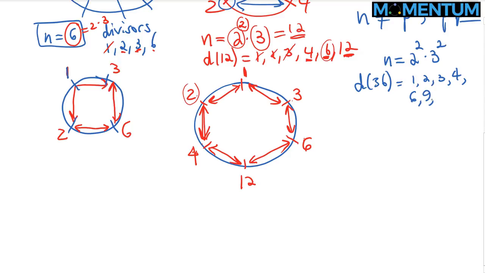Wait a second, how many divisors does this guy have? Oh, 9 only, sorry for that. Yeah, so 9 times 4 is 36, so therefore 3 times 12, 2 times 18, and finally 36 itself.